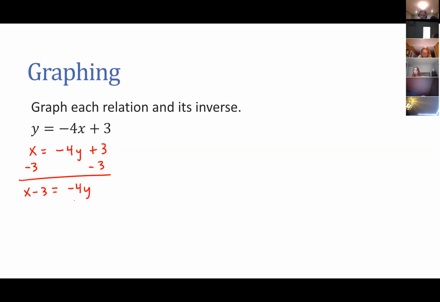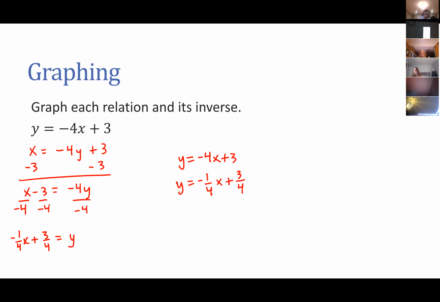And then we would divide everything by -4. x divided by -4 is the same as -1/4 x. -3 divided by -4 is going to become +3/4. So then the goal is going to be to graph y equals -4x plus 3 and y equals -1/4 x plus 3/4 on the same graph.